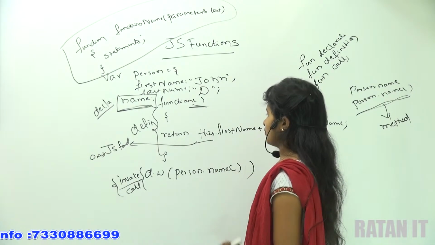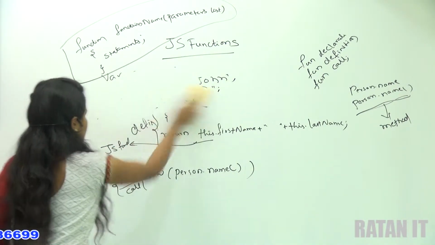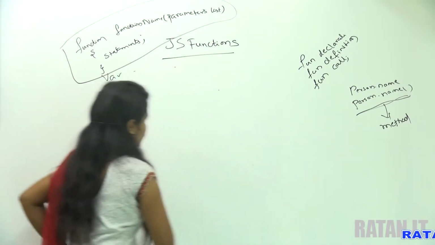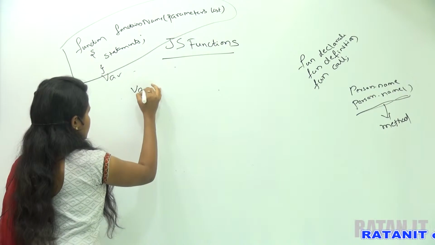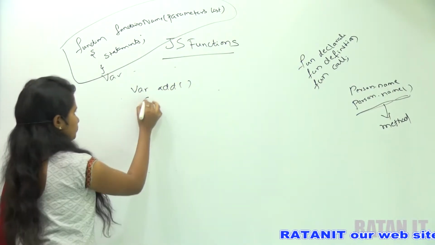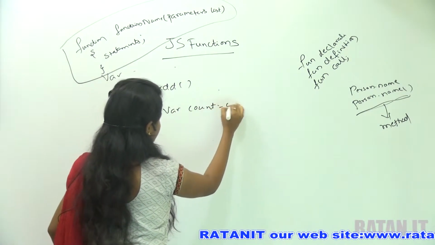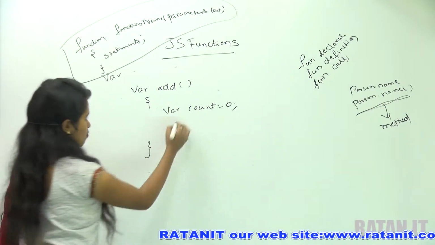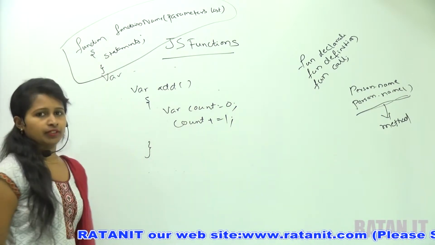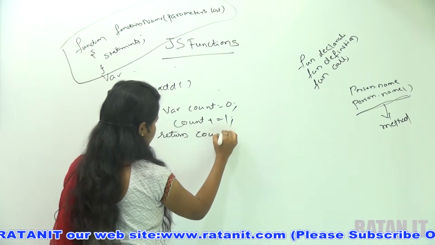Okay, let us see if I have parameters. var add of var count equal to 0, count plus equal to 1, incrementation, return count.